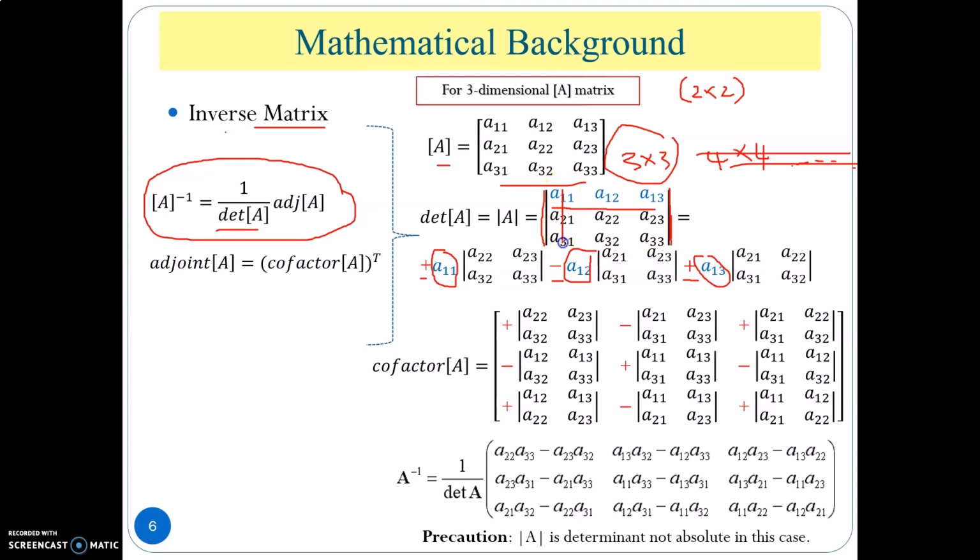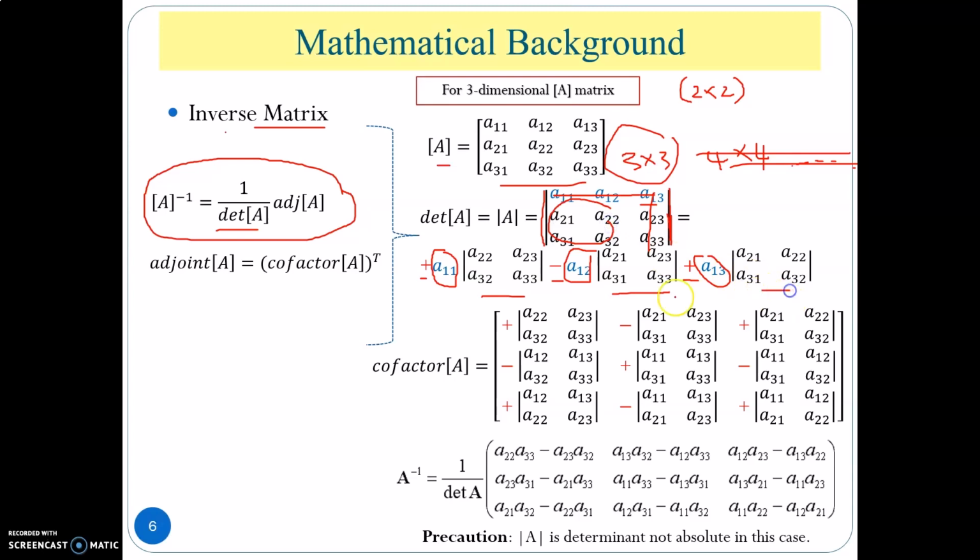Then cross the first row and first column, and you obtain the determinant of A22, A23, and so on, to be this component. Cross the first row and second column, and you obtain the determinant of A21, A23, A31, and A33 to be this component. Lastly, to determine this element here, you cross this row and this column, and you obtain the determinant for this component.